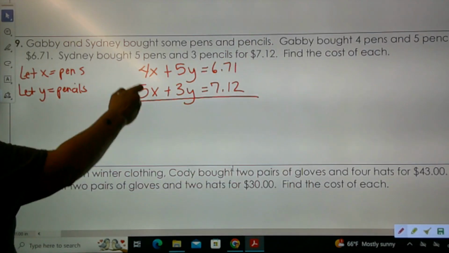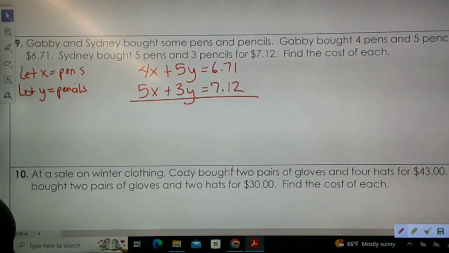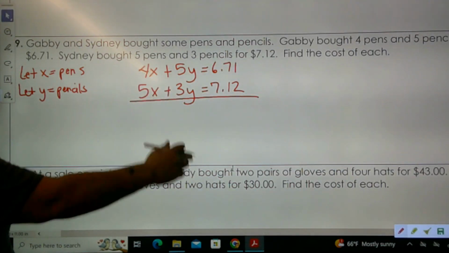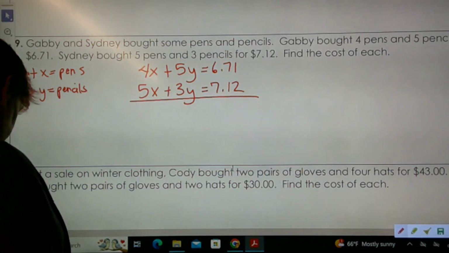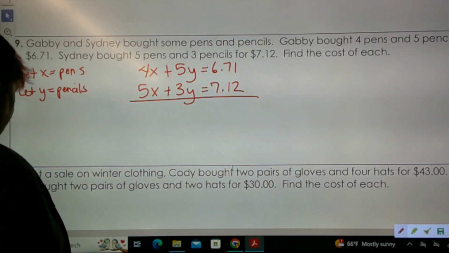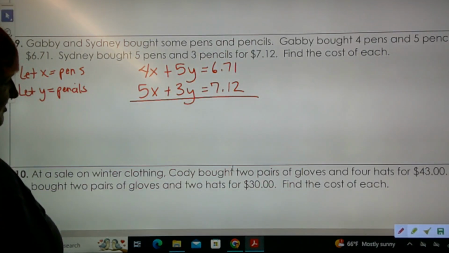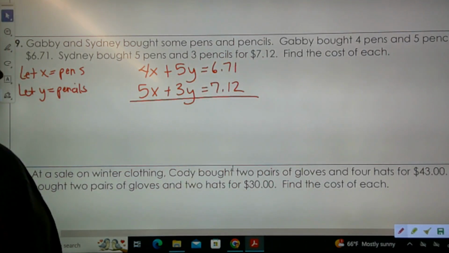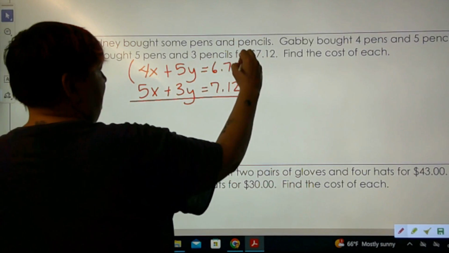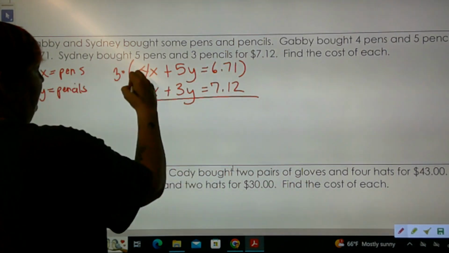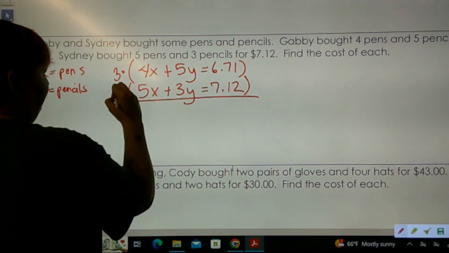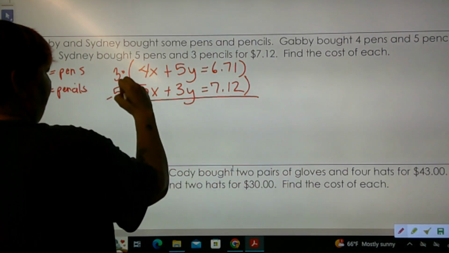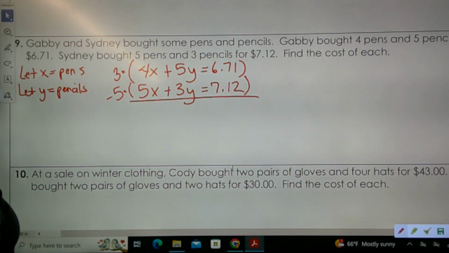Their least common multiple is 20. Their least common multiple is 15. Let's do 15 because it's the smaller number. And let's make the top one positive 15, so we'll multiply it times 3. And let's make the bottom one negative 15, so we're going to multiply by a negative 5.